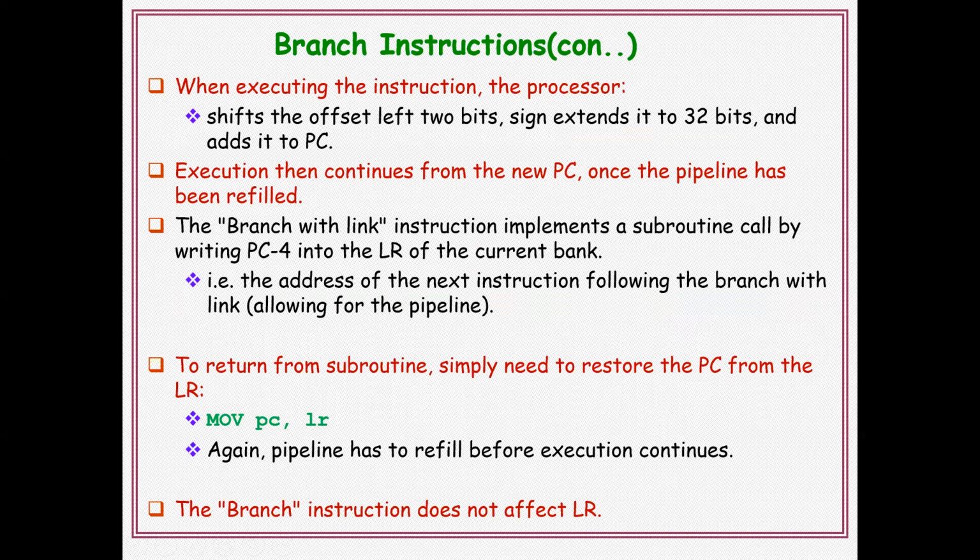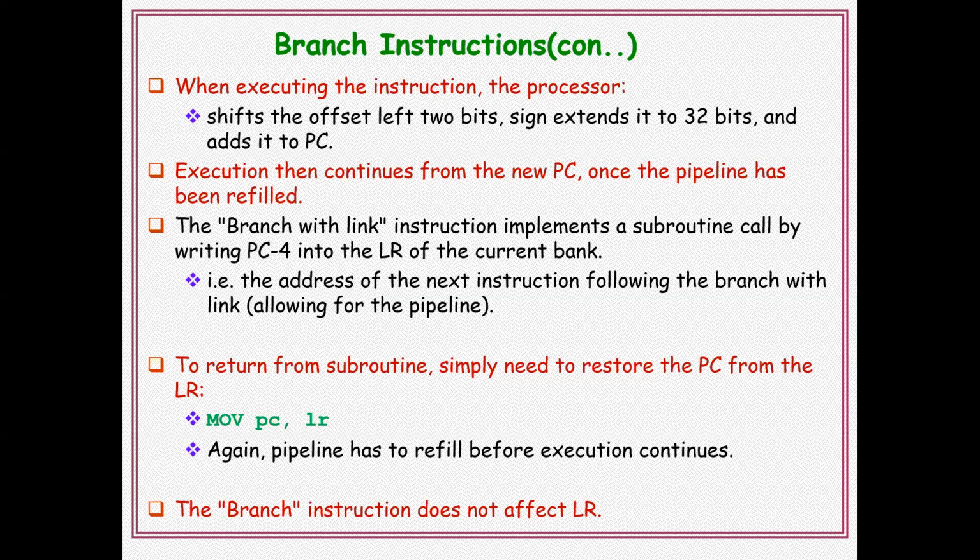Next one is, when executing the instruction, the processor shifts the offset left 2 bits, sign extends it into 32 bits and adds it to the program counter. One more point is, execution then continues from the new PC once the pipeline has been refilled.